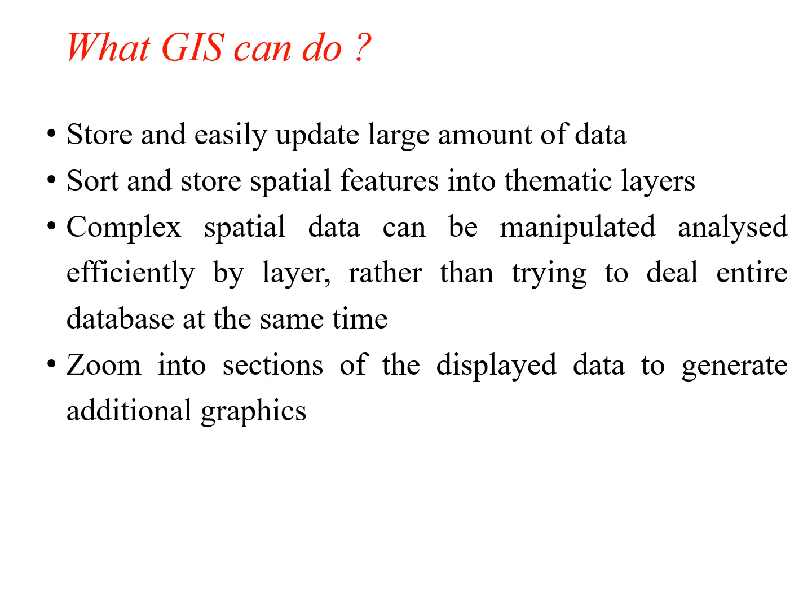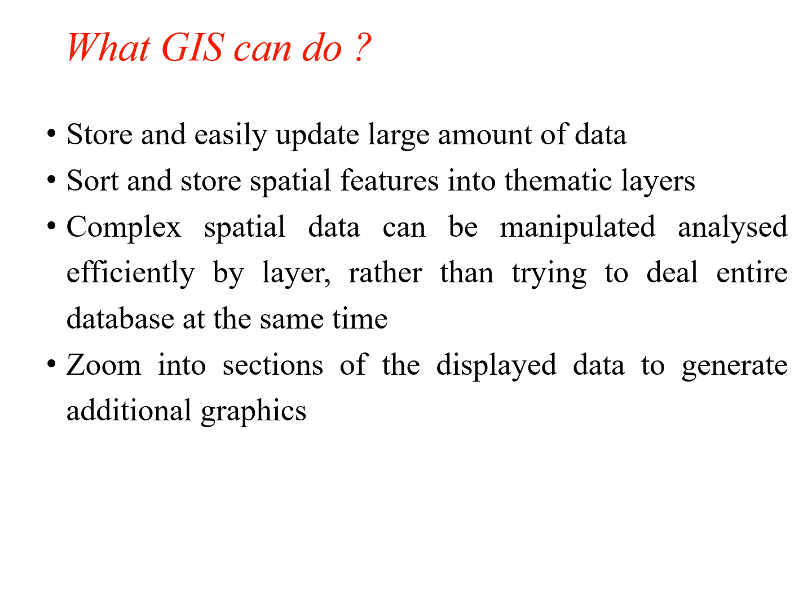If you combine all the different layers together, that will form the real world. So the real world is divided into a number of layers, and each layer is treated or analyzed differently or simultaneously. Otherwise it would be too complex to combine everything together.